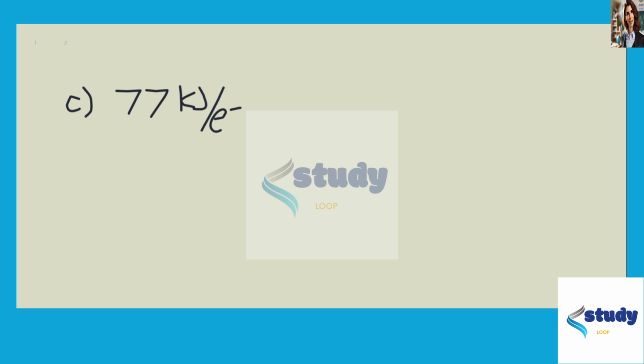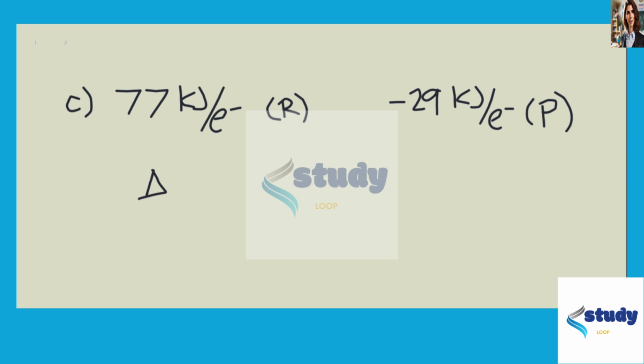So this is for the reactant, so I'll just put an R there, right? And at the end, the products are going to end up with a negative 29 kilojoules per electron. And this is just given to us listed at the top, so it's nothing fancy in finding these numbers. But now we're trying to calculate the free energy change.